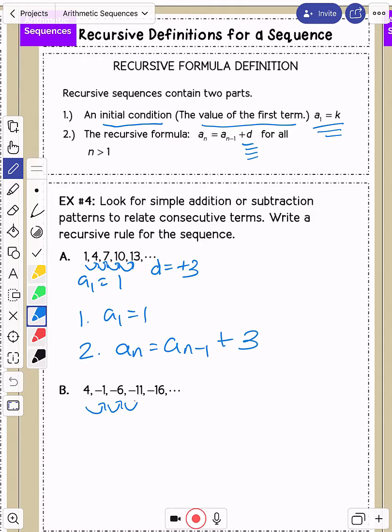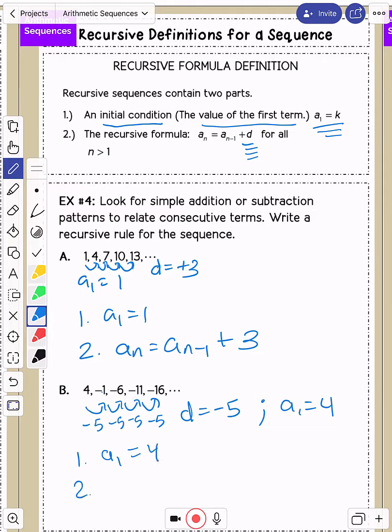Let's see what our step is each time. So to go from 4 to minus 1, we need minus 5. And happily it matches. Minus 1 to minus 6 is minus 5. Minus 5 and minus 5. So we know d is equal to minus 5. And we also can see that a1 is equal to 4. So first you write number 1, a1 is equal to 4.